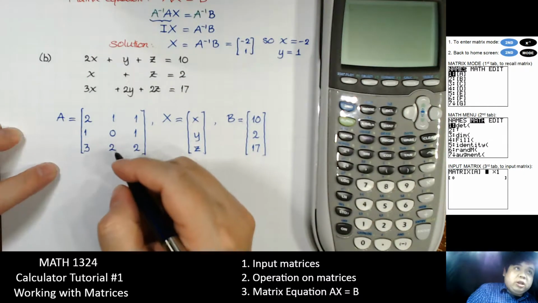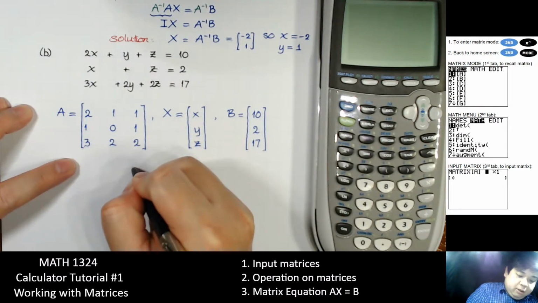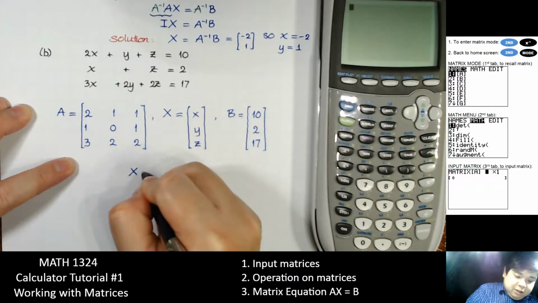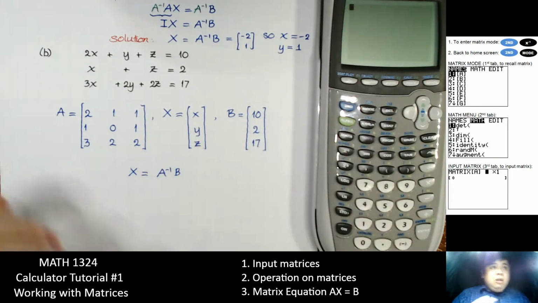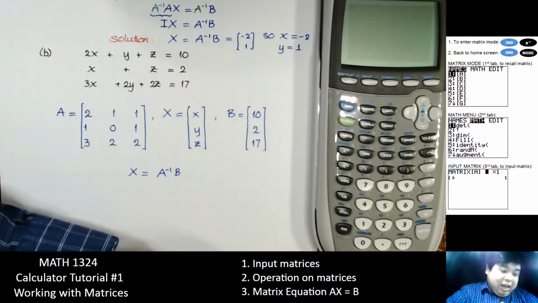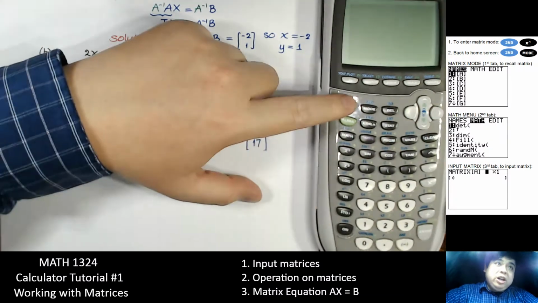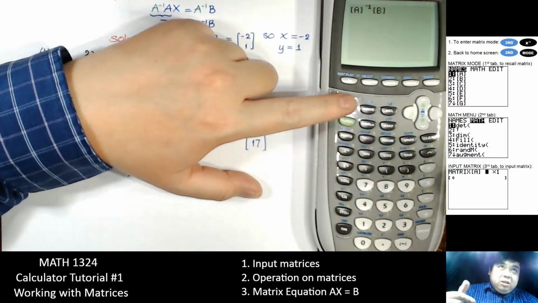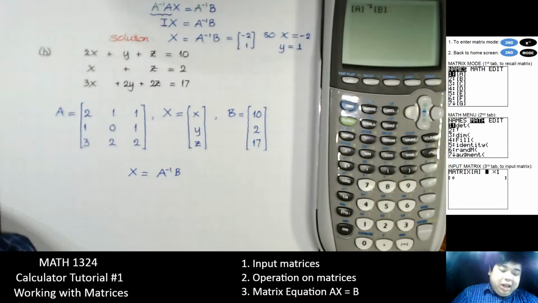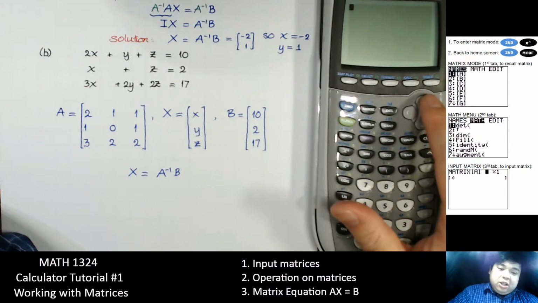The solution is going to be the same. But since I entered A inverse B previously, all I need is to hit second and then enter. It gives me the last entry that I put in the calculator, or we can just go up.